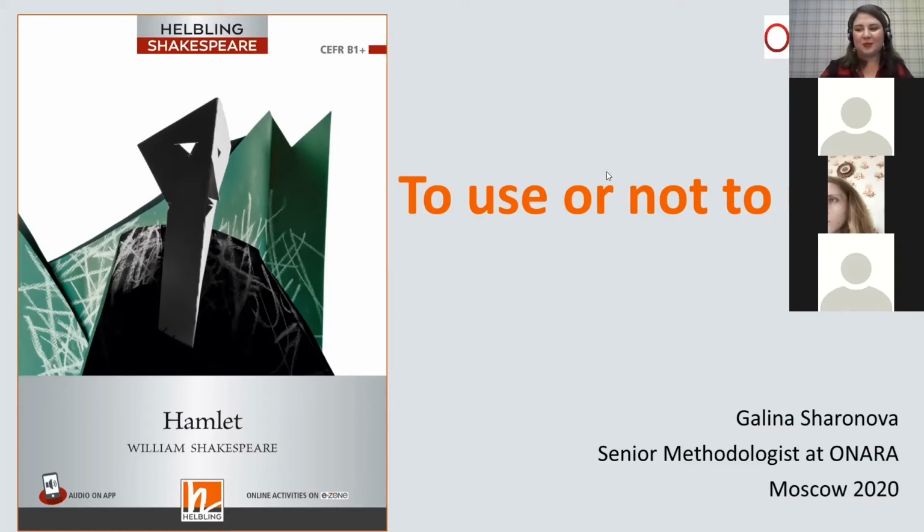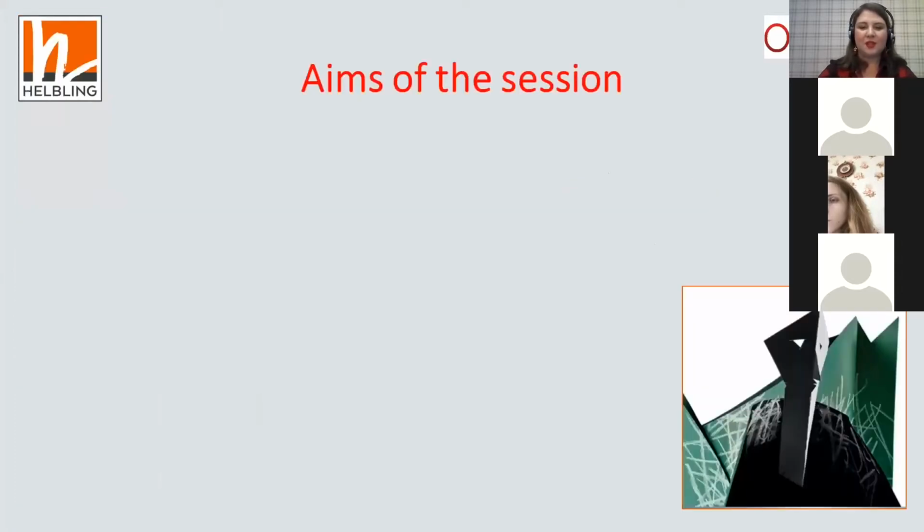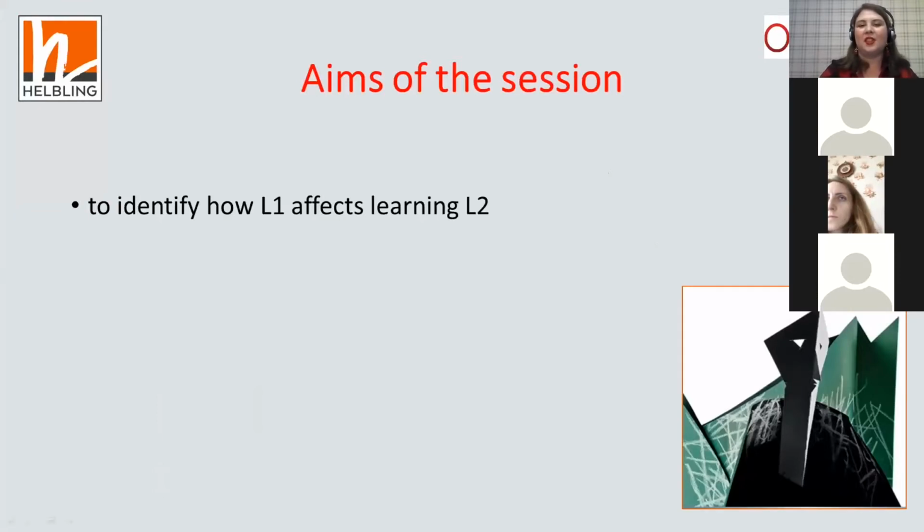Talking about this particular session, it has a few aims. The first aim is to identify how L1, or mother tongue, affects learning L2. I guess that in our case, L2 is English and L1 is Russian.